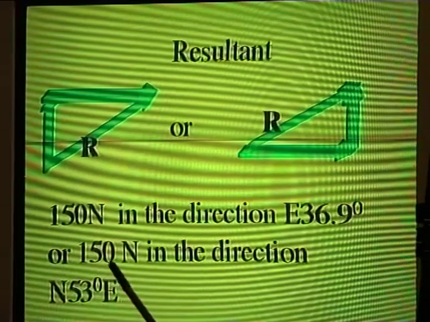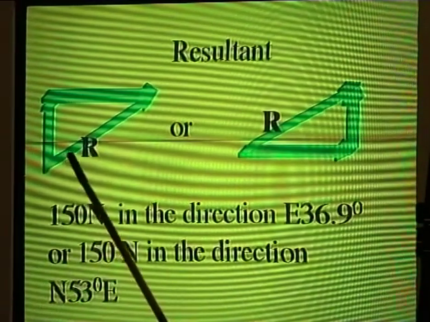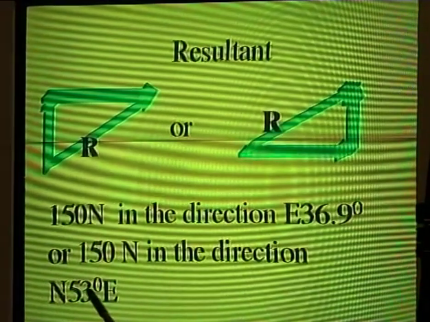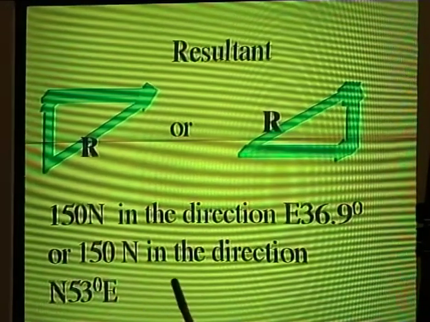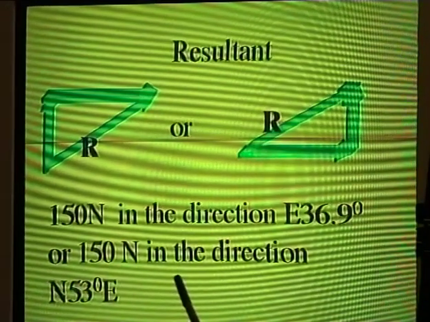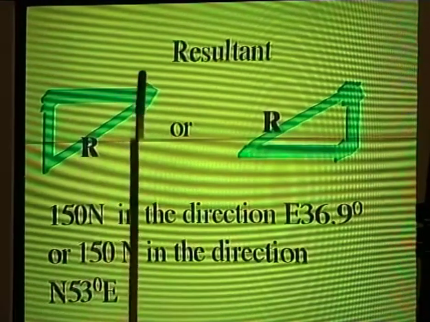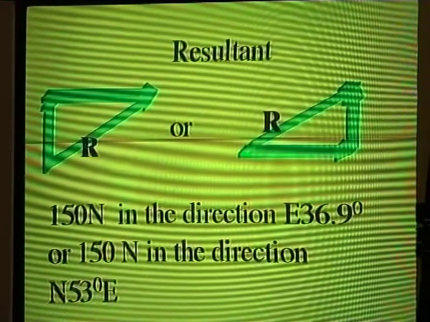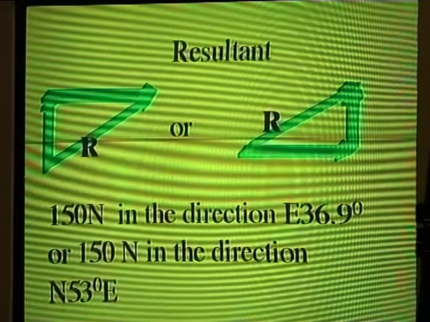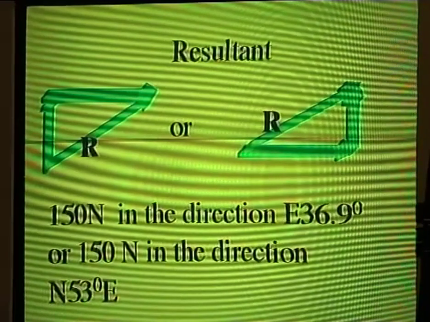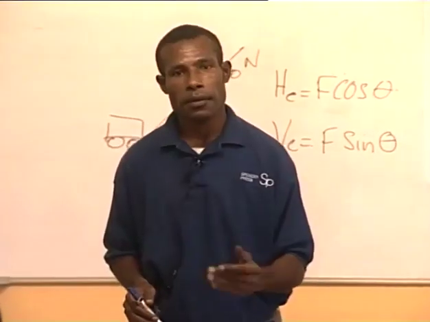So it is about 150 newtons in the direction north, 53 degrees of east. Right, you can go through that information and then do that later on. You can calculate and then write it down.